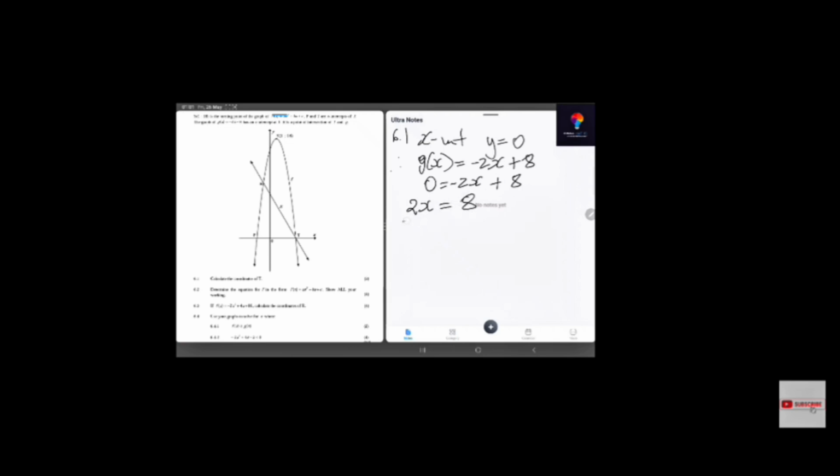For us to get the value of x, we must divide by 2. Therefore, x is going to be, we cancel this 2, 8 divided by 2, it's going to be 4. So the coordinates of T are going to be 4 and 0.